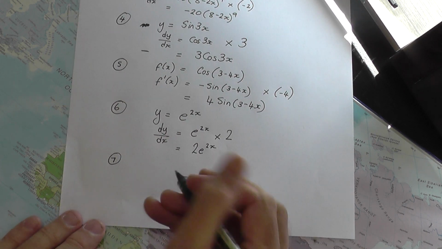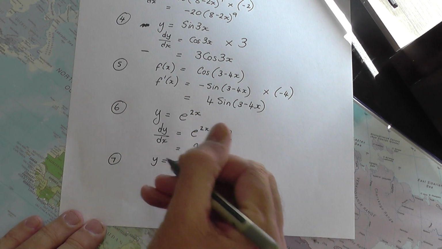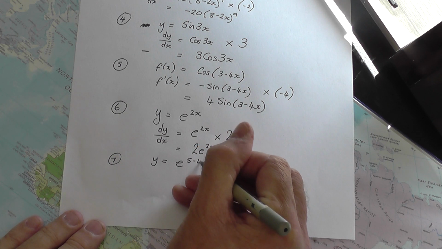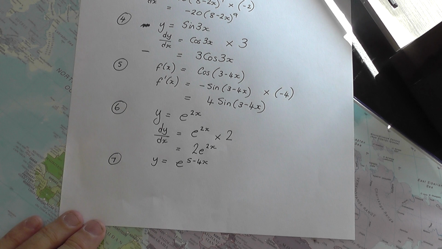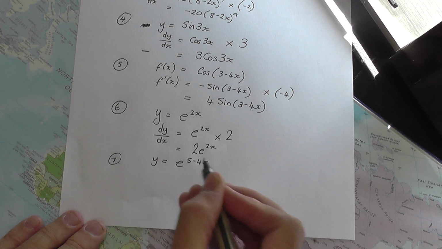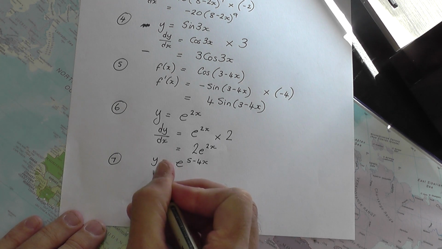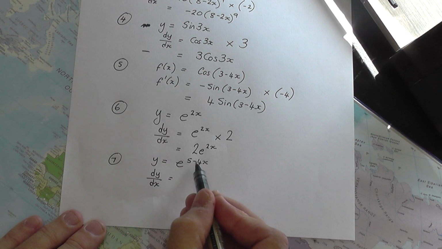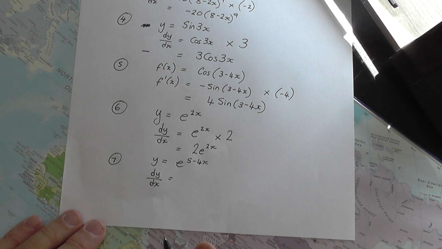Number 7. Let's do another exponential. Y equals e to the 5 minus 4x. Okay, so this is a slightly more complicated looking one, but it's really simple. Dy by dx will be equal to, 5 minus 4x is being acted on by the exponential, function of a function.